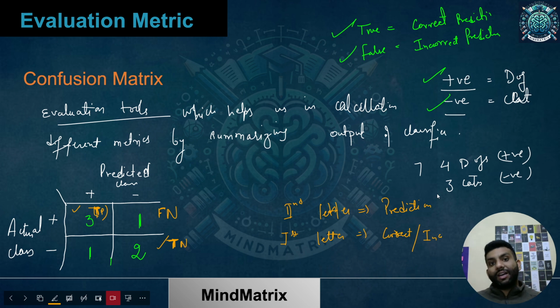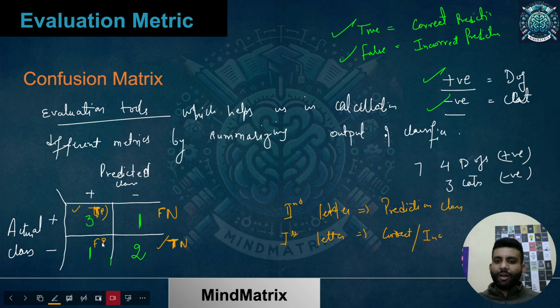If it is incorrect, then it is false. The second letter is for prediction class, whether it was predicted to be a positive class or negative class. So what will be over here? It will be false positive. Why so? Because the prediction is wrong, so false. Now negative class was predicted to be positive, so prediction was positive. Wrong prediction, positive class, false positive.